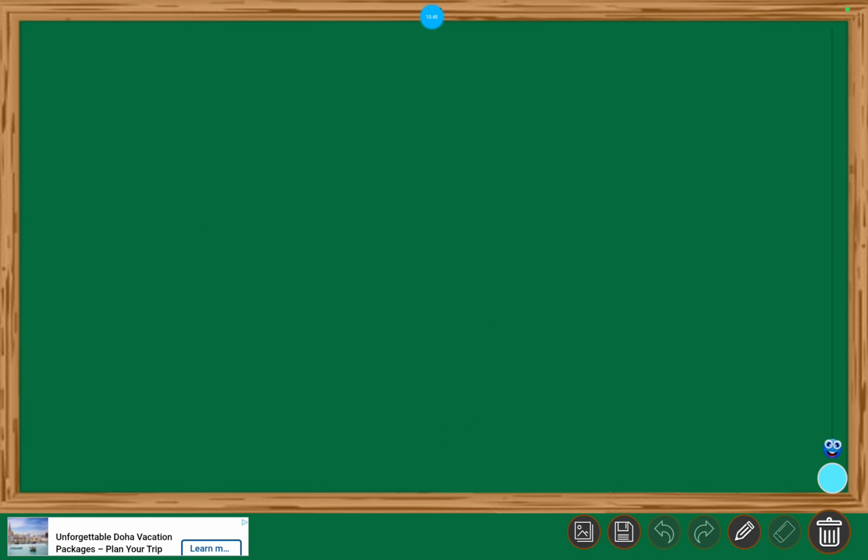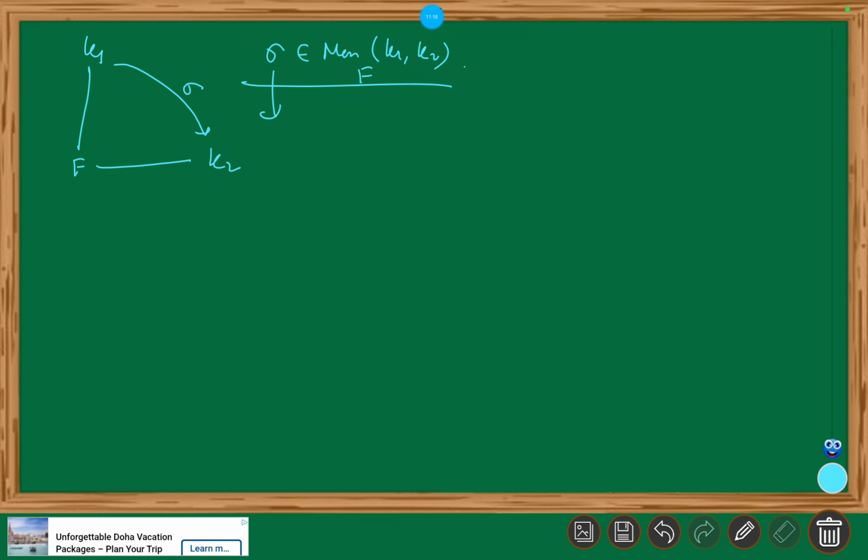Okay, so now just see one thing. So from K1, here is my F, here is my K2. So there is one sigma which is a monomorphism from K1 to K2 that preserves F. So of course this is injective.